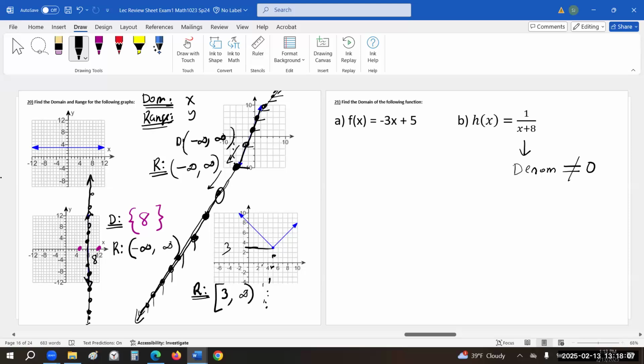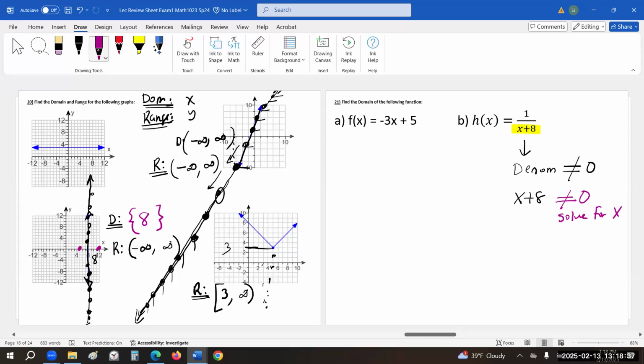So we start by taking this denominator, x plus 8, and we state our problem. Our problem is that thing we have on the denominator cannot give us 0. And then we solve for x to see which number makes this denominator 0.